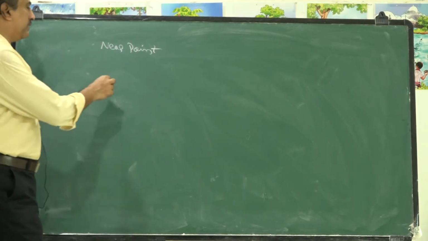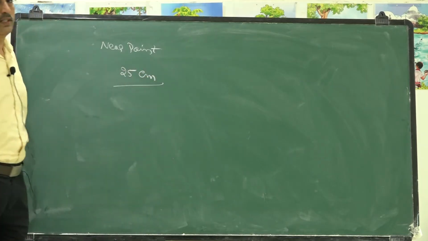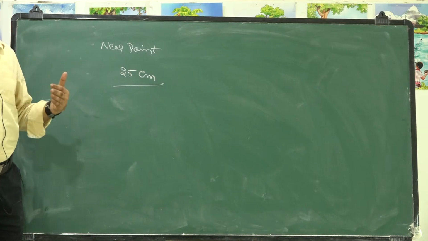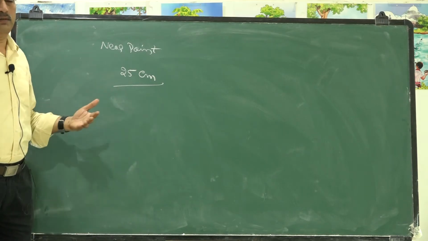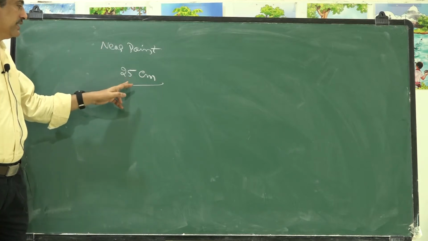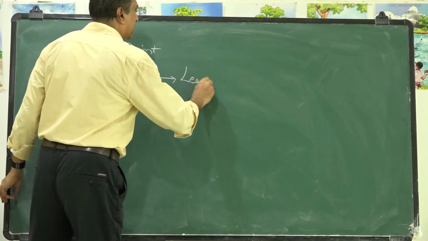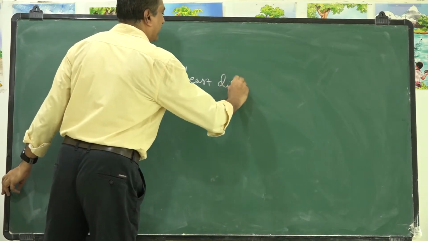At a distance of 25 centimeter from our eye, we can observe a particular object clearly or distinctly, and this particular distance is called the least distance of distinct vision.